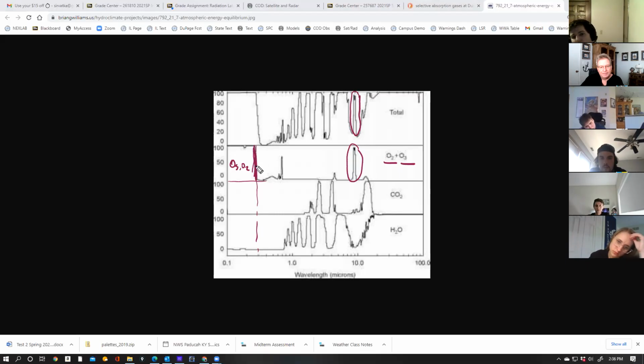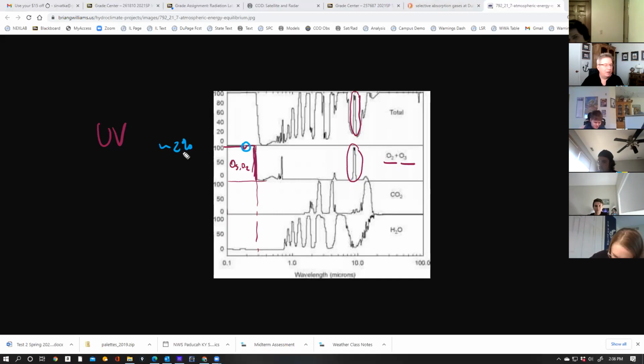You see what I'm saying? Almost everything is absorbed except for that. Which tells us what? Ozone and oxygen absorb almost all ultraviolet radiation, except for what? Except for that little blip. That little blip is about 2%.